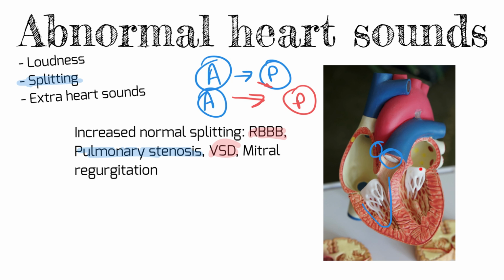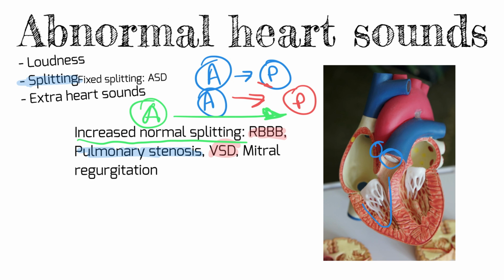But if the mitral valve is incompetent, some of the blood is going to go into the left atrium, which means less blood is going into the aorta. And because less blood is going to the aorta, the aortic valve is now going to close earlier, which means the aortic valve is now going to be over here. It's going to close earlier, which means that the split is going to be even wider. So now we can understand that. These are all different causes of an increased normal splitting.